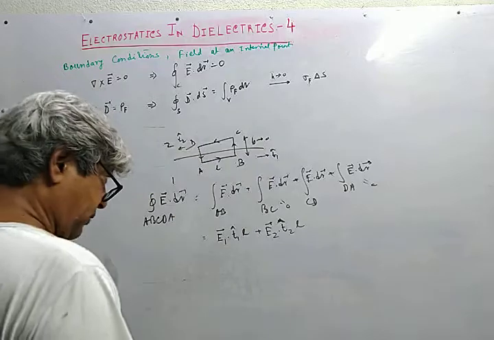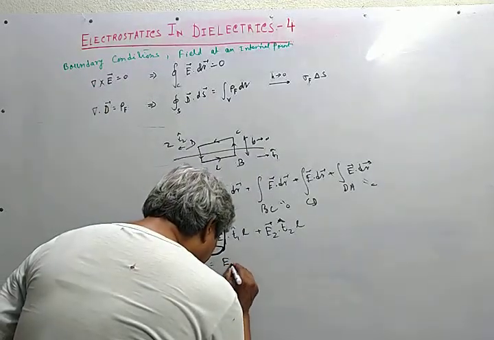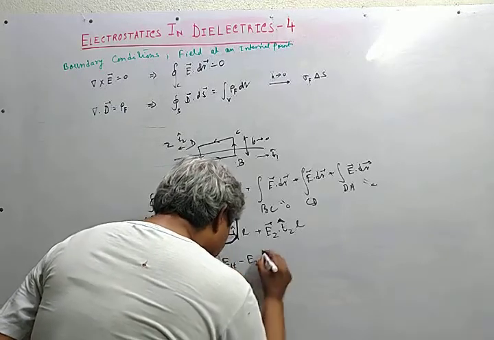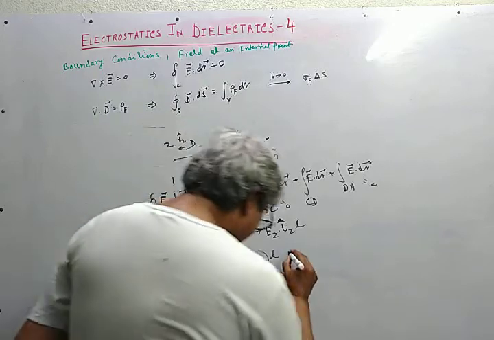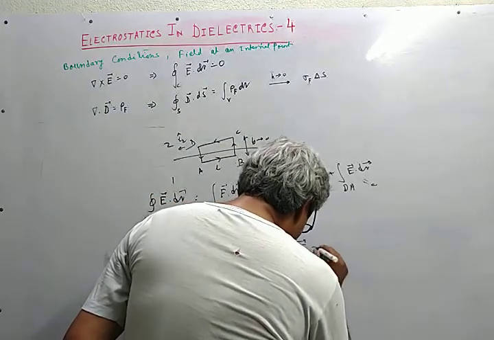Now since T1 and T2 are oppositely directed, we write it as E1T minus E2T times L, where the tangential component ET is defined as such.